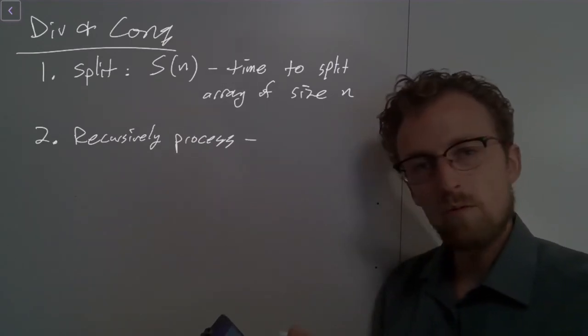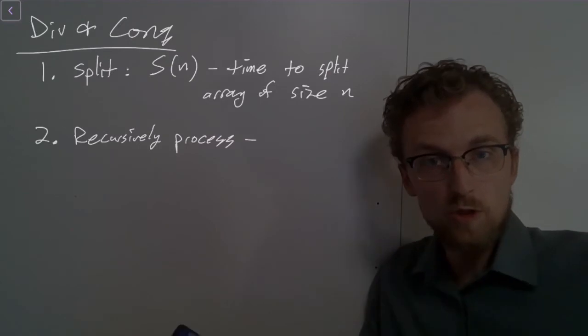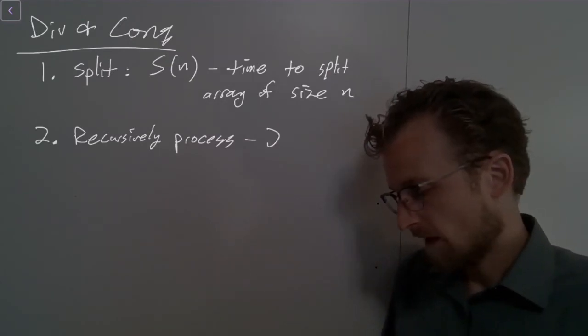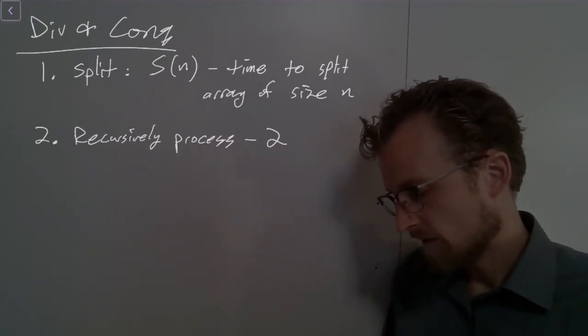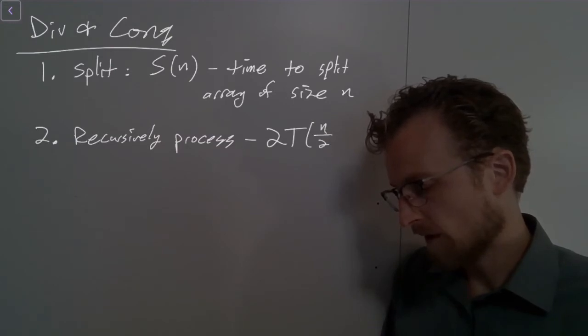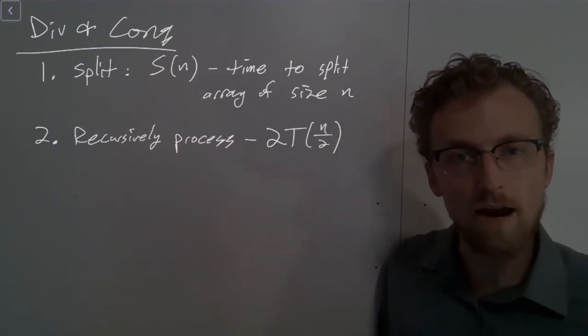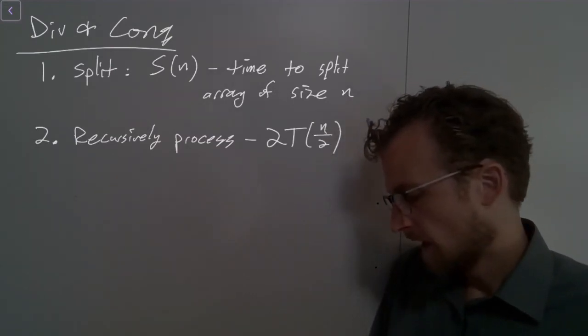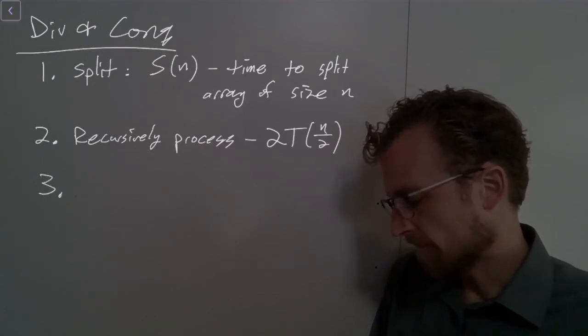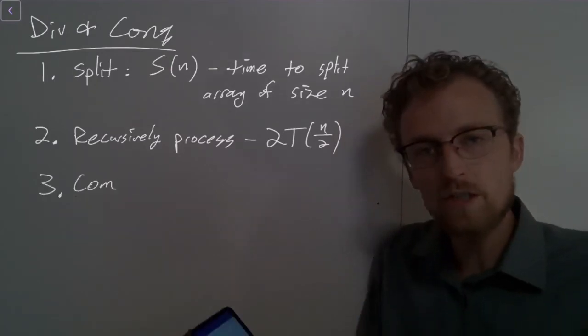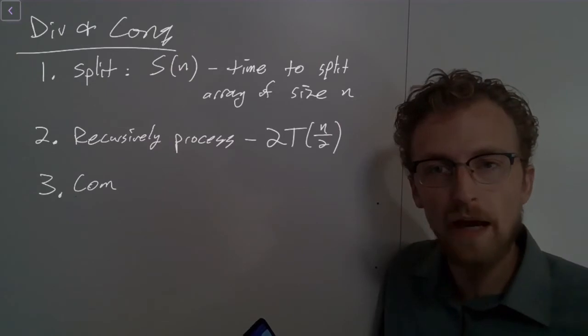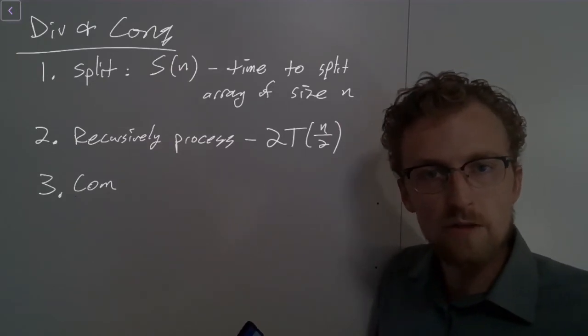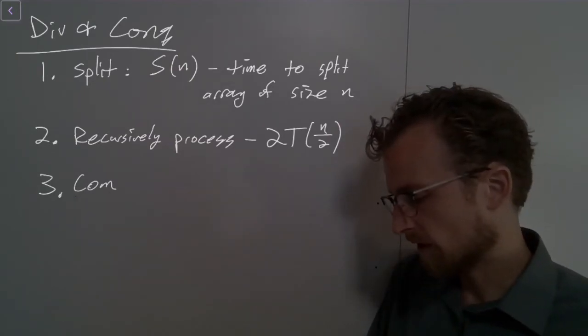And so what do we have here? Well, we're going to recurse twice. So we have a 2 times t of n over 2 because we're recursing on arrays that are half the size of the original. And then in the end, we're going to combine. Right, so once the recursion is done and it passes us back answers, we're going to combine those answers together into something that's useful.